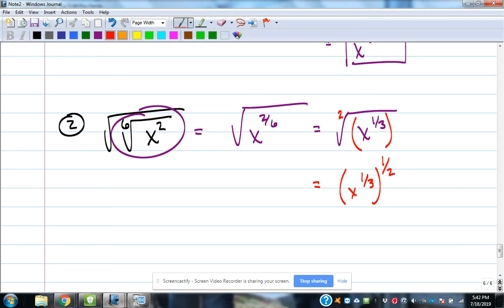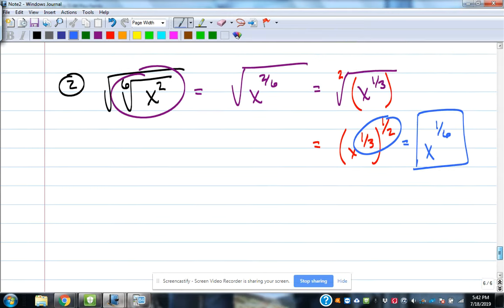And then the rule is, parentheses, exponent on the outside, multiply them together. 1/6. Good job. That's it. Well, it's not quite as bad as it looks. You've got to start on the inside and just ease your way out. We'll do one more and see how we do.